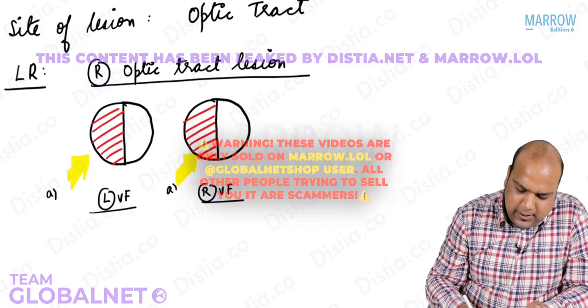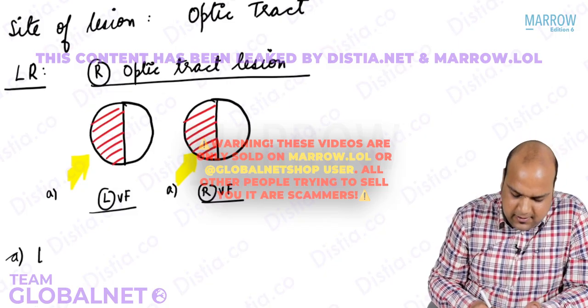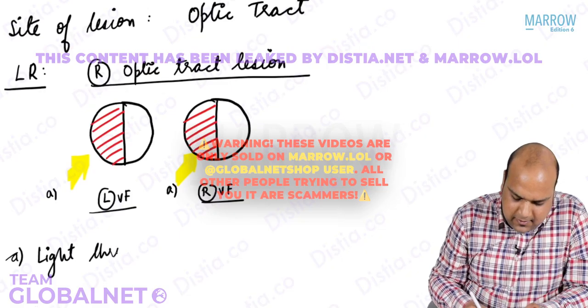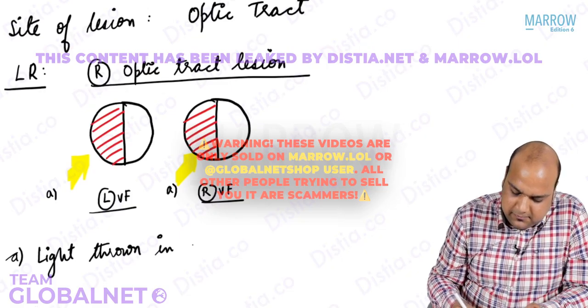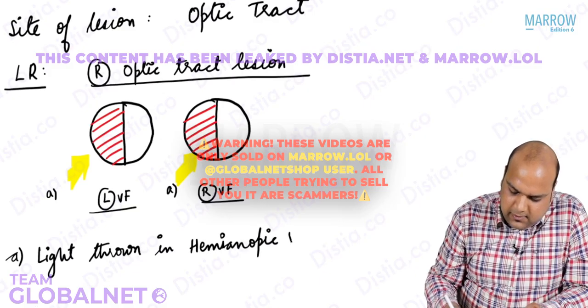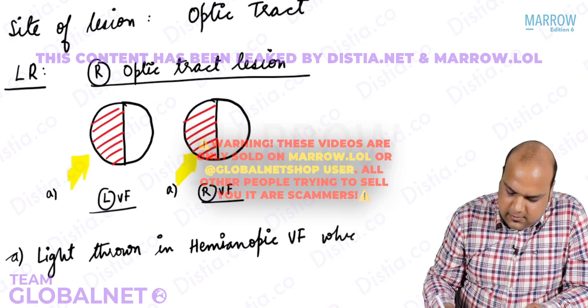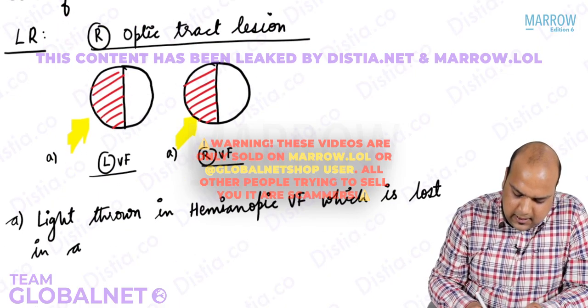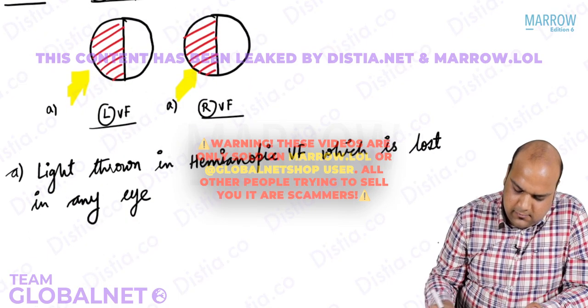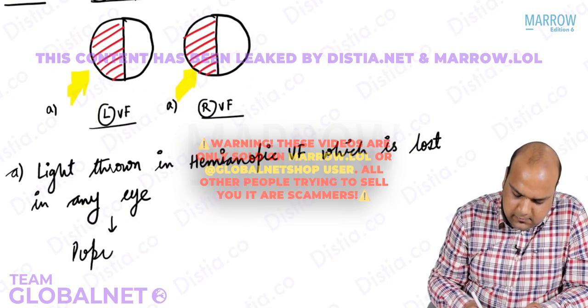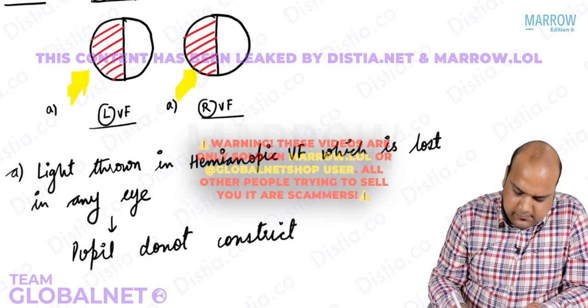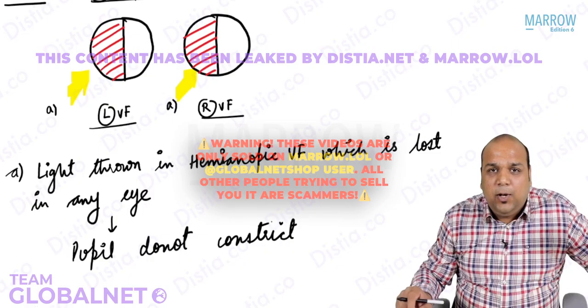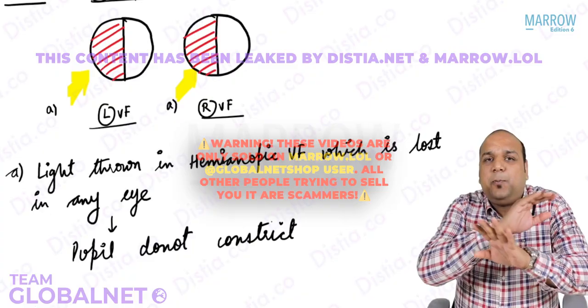I am calling it point A. So point A, light thrown in hemianopic visual field which is lost in any eye, pupil do not constrict.